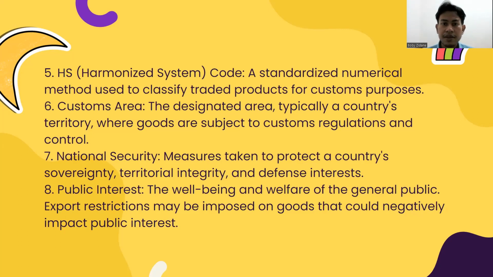And the number 8 is public interest. It is the well-being and welfare of the general public. Export restriction may be imposed on goods that could negatively impact public interest.